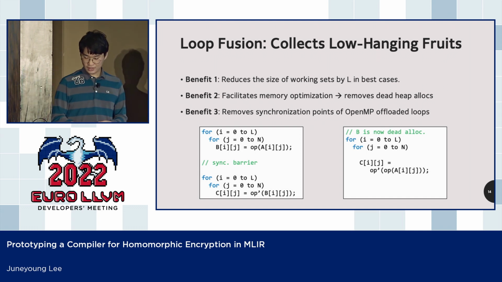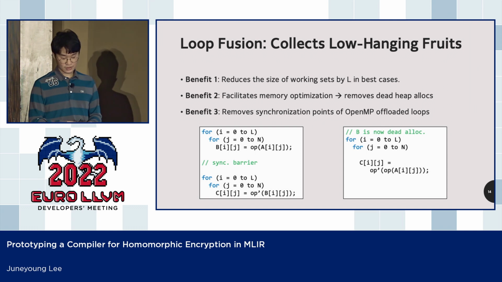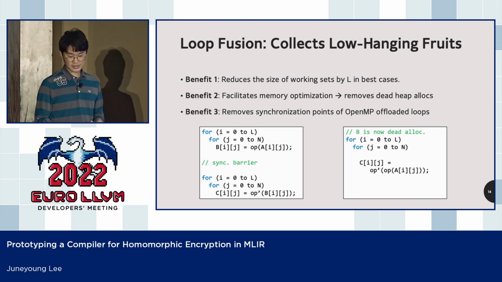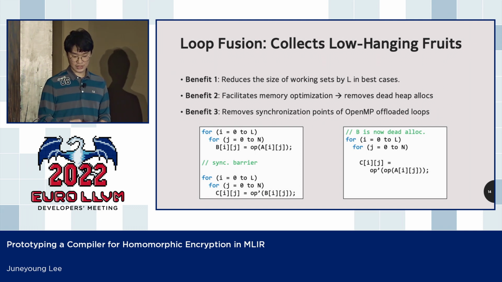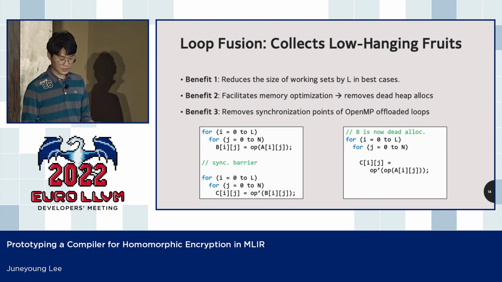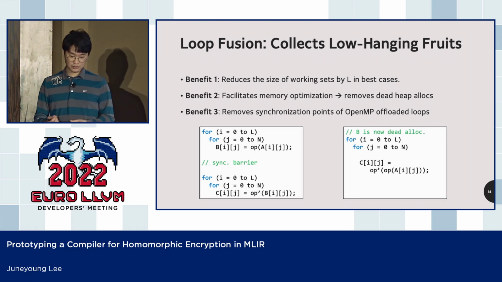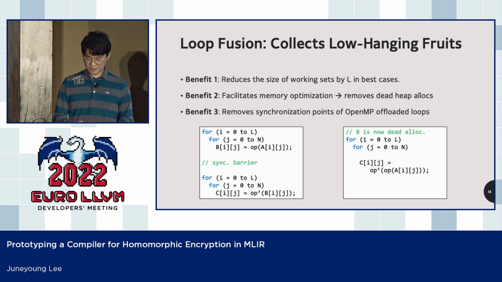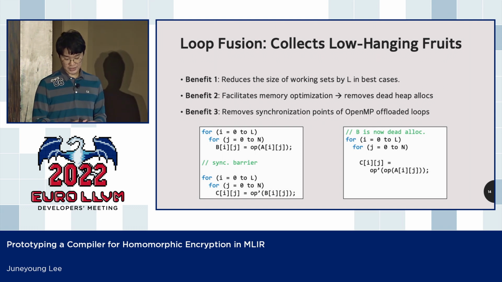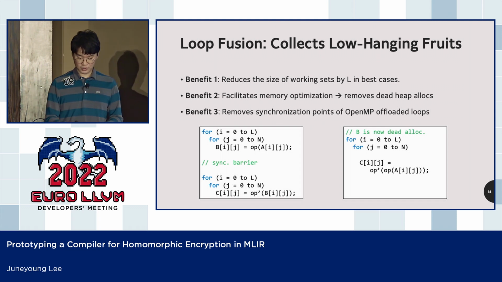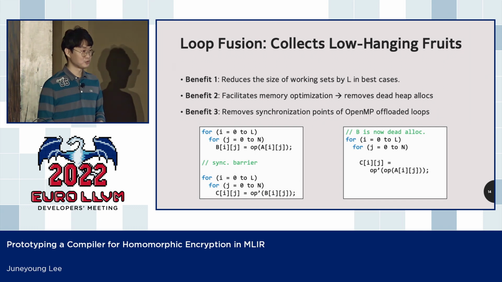After loop fusion, we can see three benefits. The first one is that the size of the working set is reduced by a factor of L, because the inner for loop now works on the fly. The second one is that it facilitates memory optimizations because, for example, in this case, you can see that the allocation B is dead, so it could be removed.